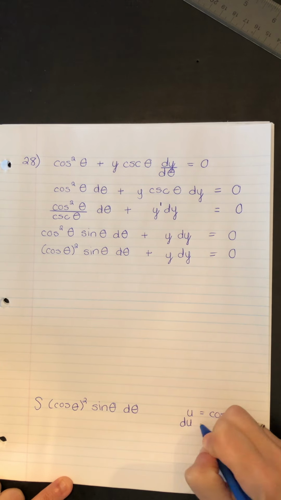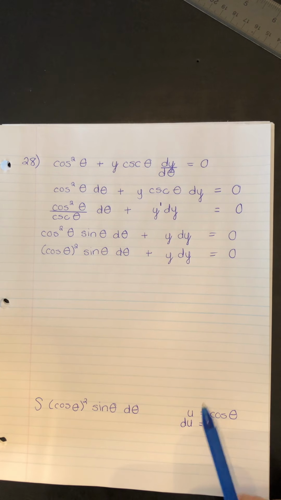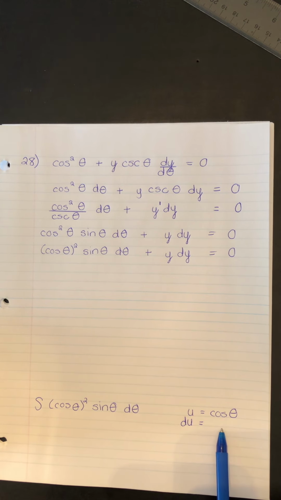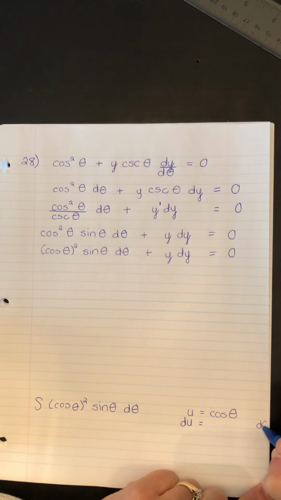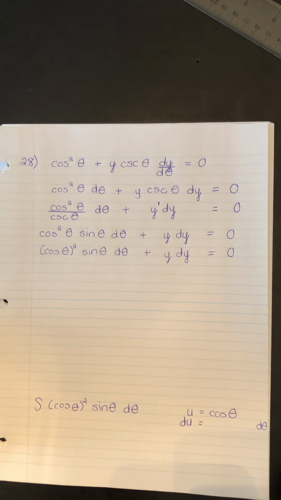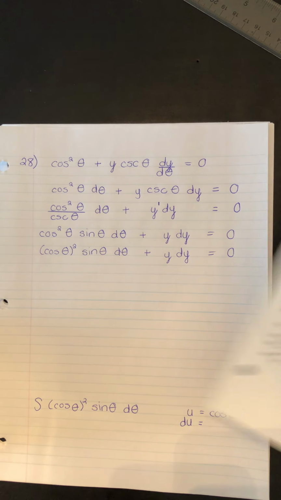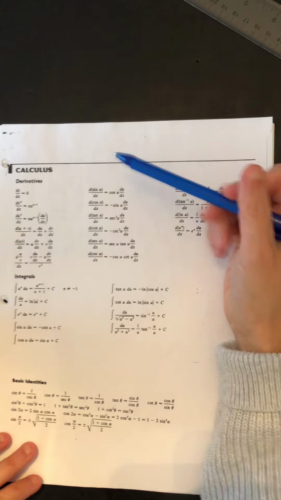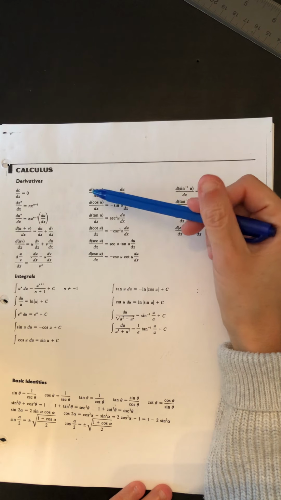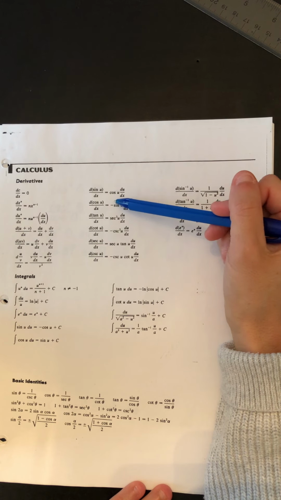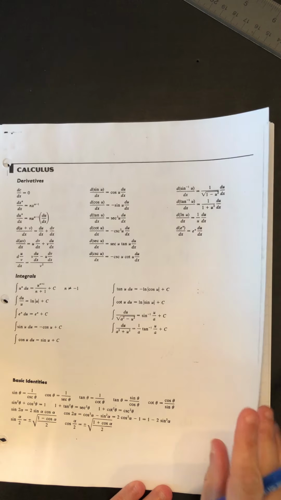So then what is du? We need to know what the derivative of cos theta is, and that will go there with, of course, a d theta stuck to it. The derivative of cos theta, you might remember it, but if you don't, we should be able to find it from the inside of your textbooks: the derivative of cos theta is negative sine theta.